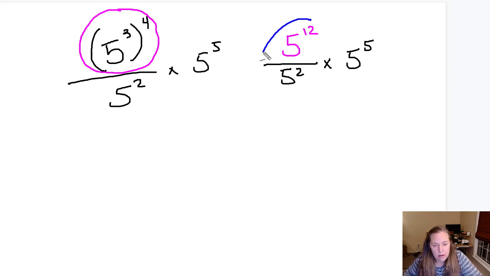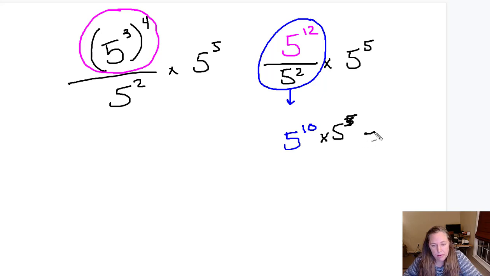So this is going to become 5 to the 12 minus 2, or 5 to the 10th, times 5 to the 5th. Now I'm multiplying like bases. I'm going to add exponents. That's 5 to the 15th. A lot simpler than this ugly expression. So that's why we simplify exponents.